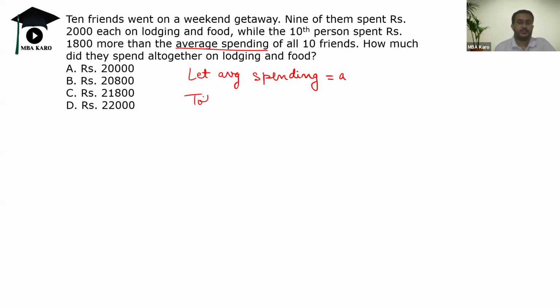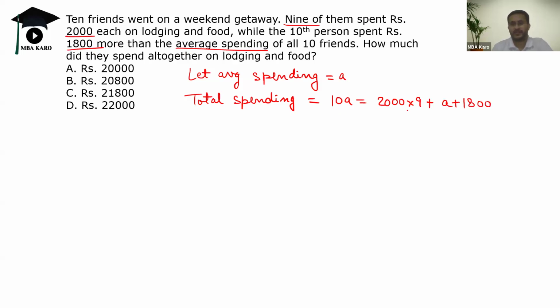So what will be the total expense? There are 10 people, so total spending is 10A. Now this total is equal to 2000 by 9 people, so 2000 into 9, plus what is the last person spending? 1800 more than the average spending. So A plus 1800. Okay, got it?